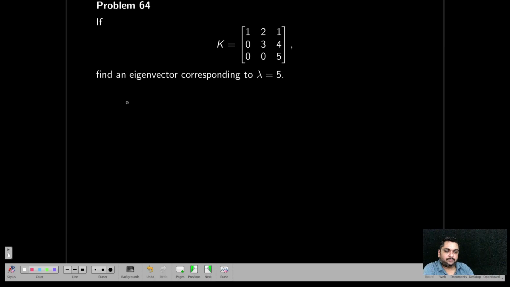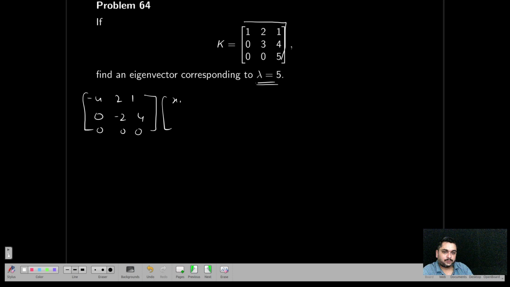Find an eigenvector for this lambda equal to 5. That means it's an upper triangular matrix. So eigenvalues will be 1, 3 and 5. Now corresponding to eigenvalue 5, so 1 minus 5 is minus 4, 2, 1, 0, minus 2, 4, 0, 0, 0. Then my vector x1, x2, x3 is equal to 0.